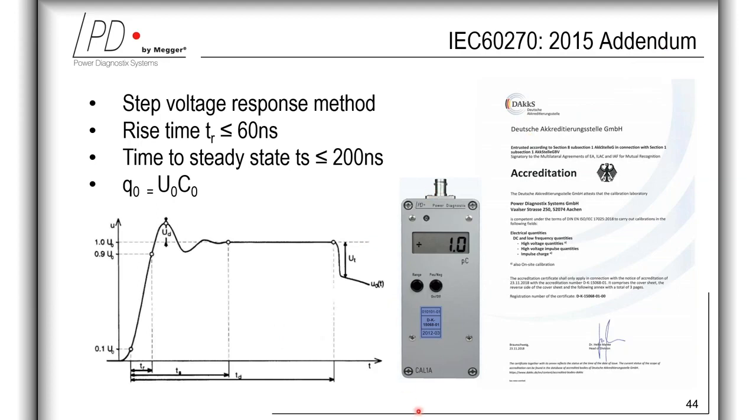The K1A of PowerDiagnostix consists of a step voltage generator, which is fulfilling the amendment of IEC 60270 2015 and has a built-in capacitance that directly gives the charge impulse.